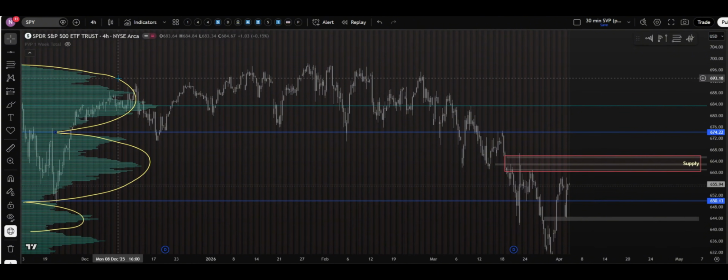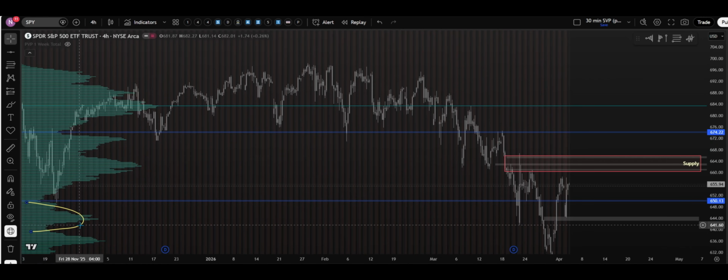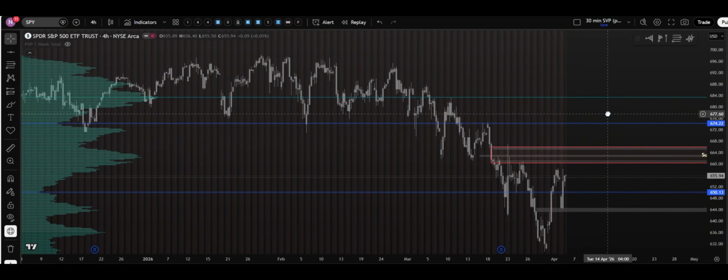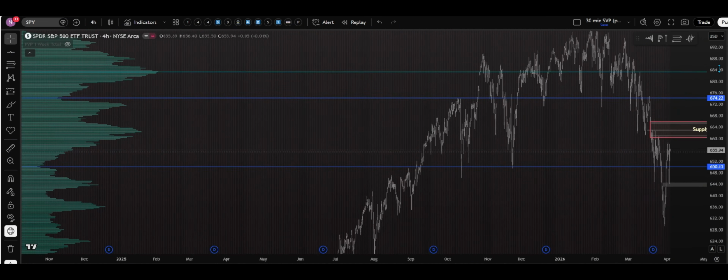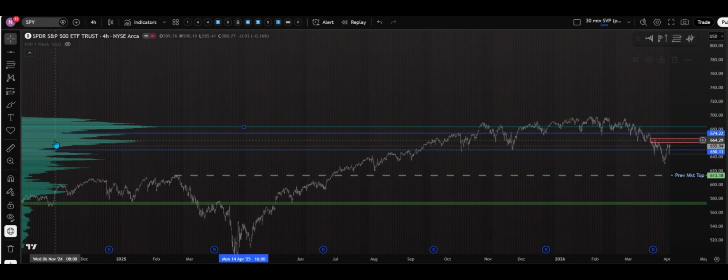So this is something that I haven't shown you guys yet. When I suspect a new trend in the market, whether it is a bear market going into a bull market, or in this case, a bull market going into a bear market, I want to see how the volume differs in the new trend, because this whole volume profile is anchored from the start of this bull market here.